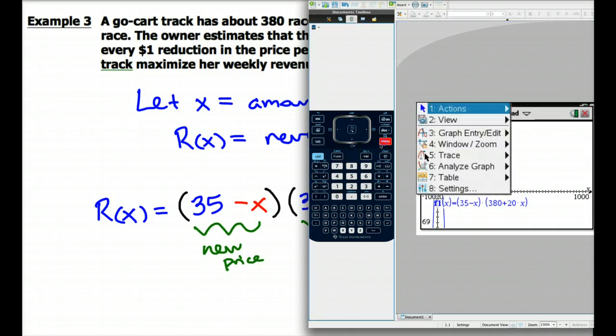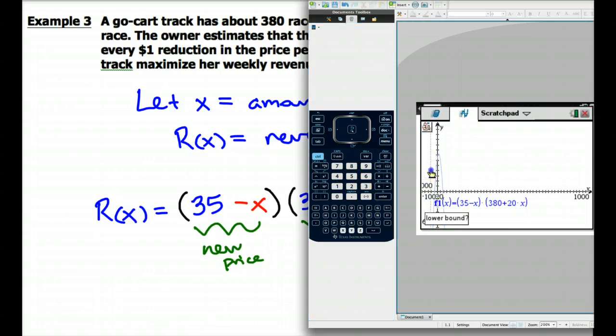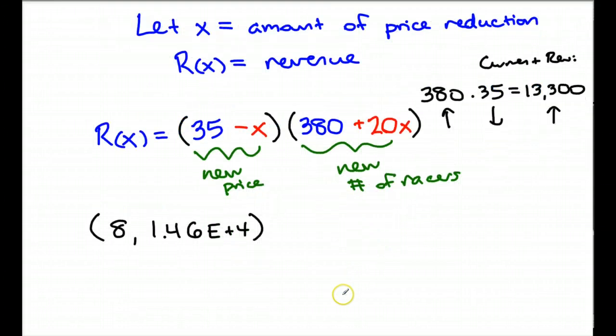So now I can go to my menu, 6, 3, and I can go ahead and locate my maximum point, which is 8. And then you get this number, 1.46e plus 4. And if you remember, we've talked about this before, that's just your calculator's way of writing out scientific notation.